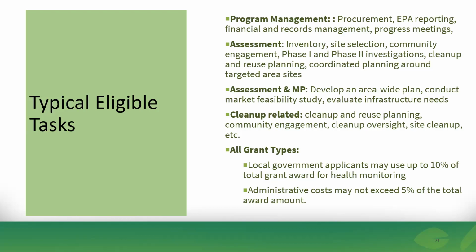I put a link in the chat to a PDF that talks about participant support costs and how they have to be budgeted. For instance, if it's the grantee who is going to provide the participant support costs, then they would put that under the budget line item of other and then describe it in their work plan.